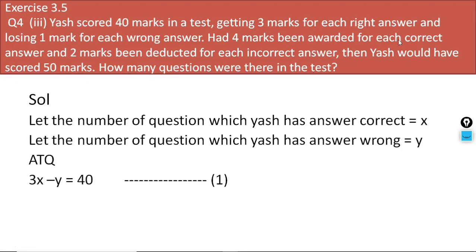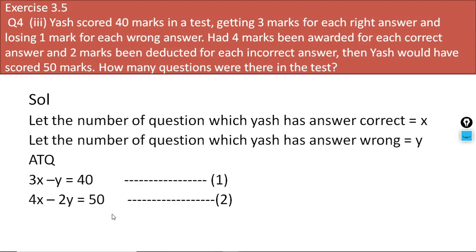And for a wrong answer 1 mark is subtracted, so we get minus 1 into y, is equal to 40. Whereas in the second case, had 4 marks been awarded for each correct answer, we get 4x, and 2 marks deducted, minus 2y, the score is 50. So you see here 4x minus 2y is equal to 50.